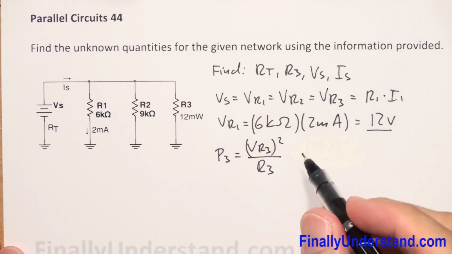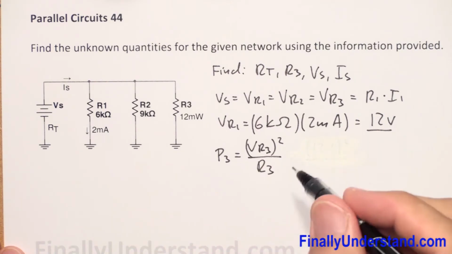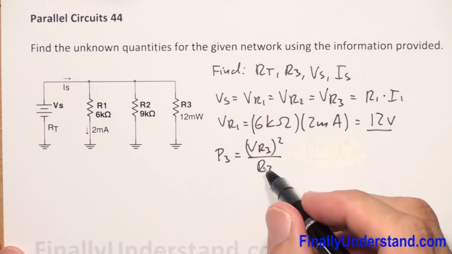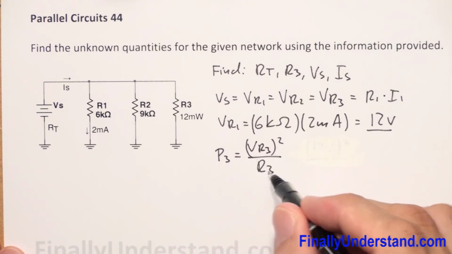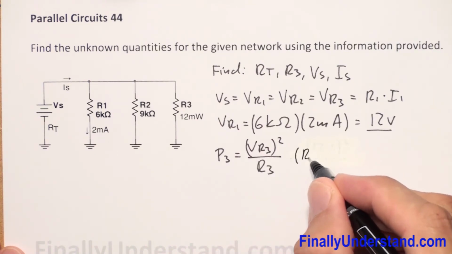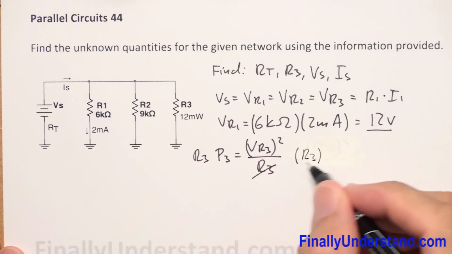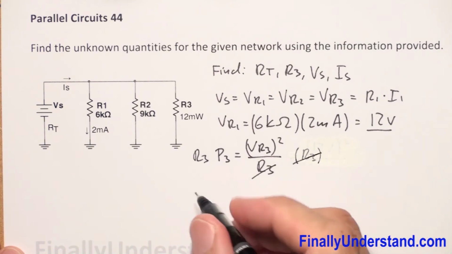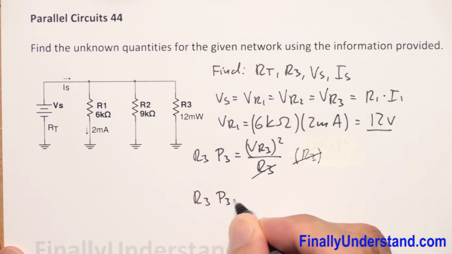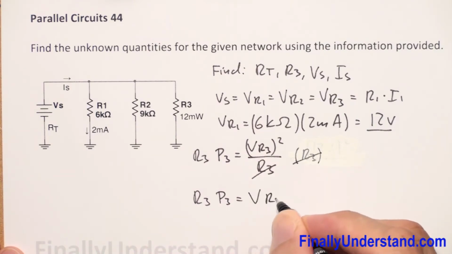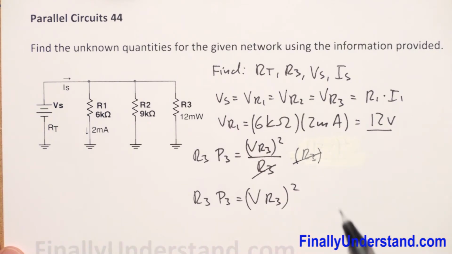Now, in order to find the resistance from this formula, I'm supposed to multiply both sides of my formula by the denominator of my fraction. I have to multiply by R3. R3 and R3 will cancel out, and I have R3 times P3 is equal to VR3 to the second power.